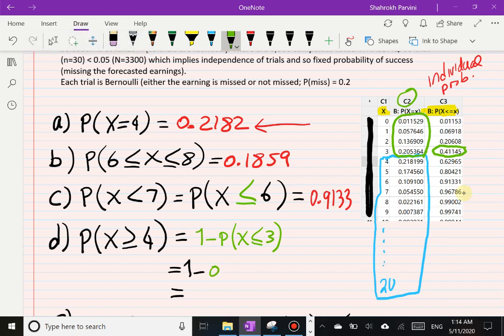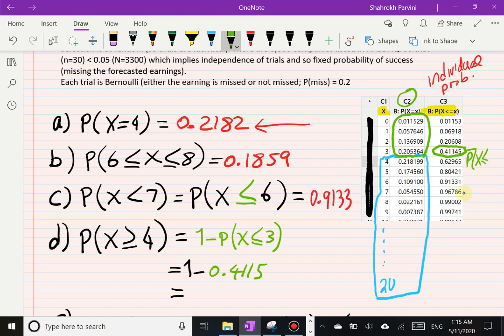So it's going to be 0.4115. With probabilities, by the way, folks, we usually round to the nearest 10,000ths. Okay, I know Minitab doesn't, but that's what we do usually. Okay, so we have probability of less than or equal to 3. That's done.